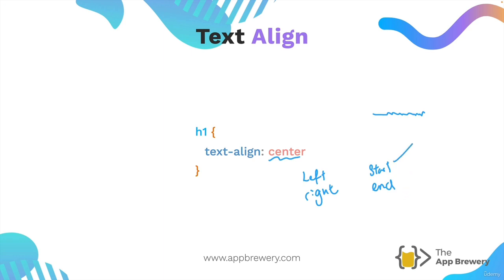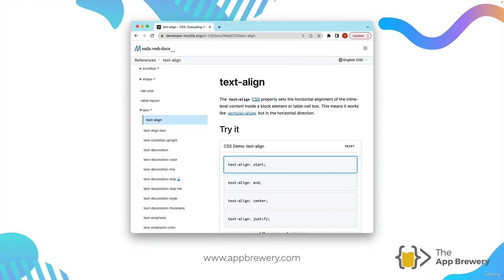And so in this case, the start is actually here and the end is here. But then if you're working with Western text, then the start will be right here and the end will be right here. That's just a more flexible way of determining the text align. But all in all, this is a pretty simple property. And you can take a look at it in the MDN docs to learn more about what the other values in addition to start, end are, and try the demo to see how they work.